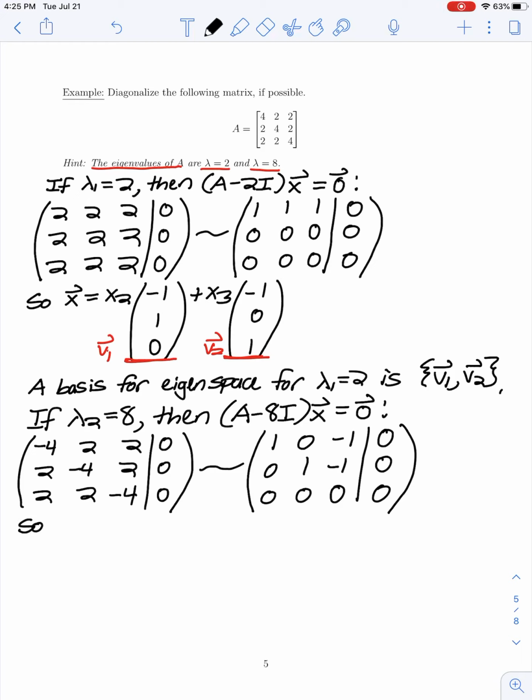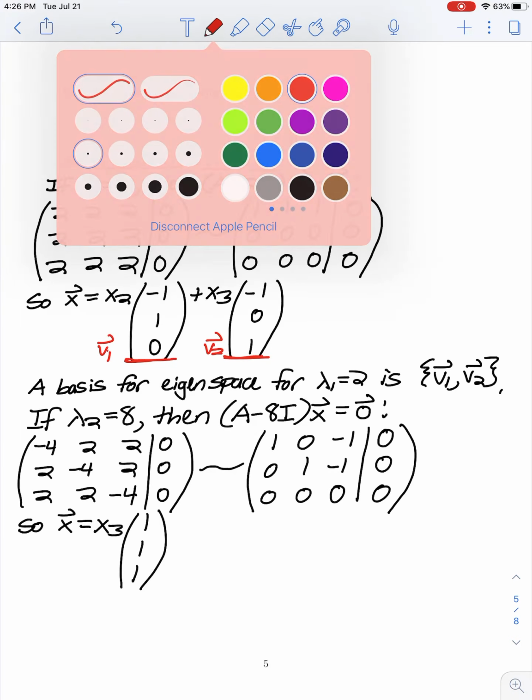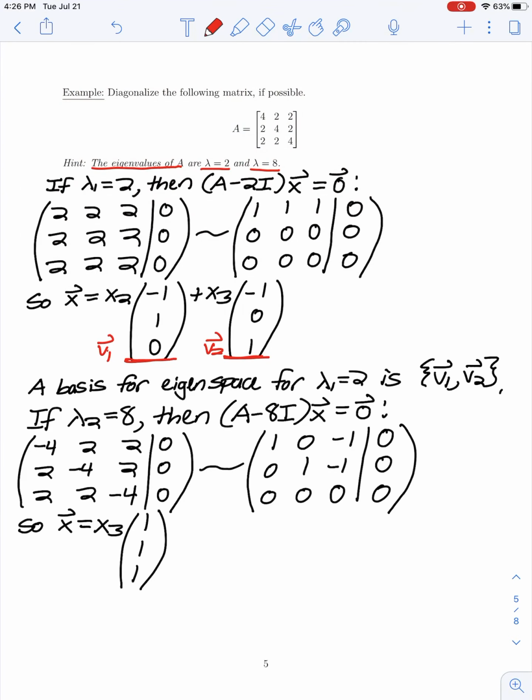When we're looking at eigenvectors, or solutions of this equation, we see that x3 is a free variable, since our third column is a non-pivot column, and using the first two rows of the augmented matrix, x1 and x2 are both equal to x3. So any eigenvector has the form x3 times (1, 1, 1). If I choose any non-zero value for x3, I get an eigenvector.